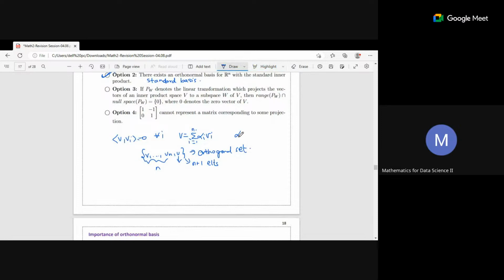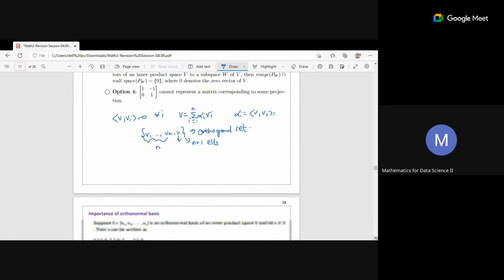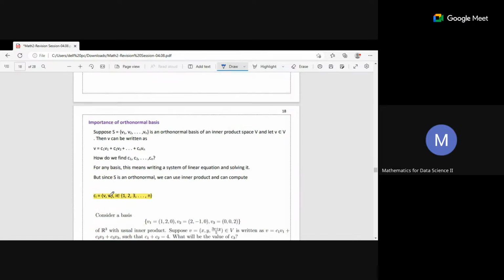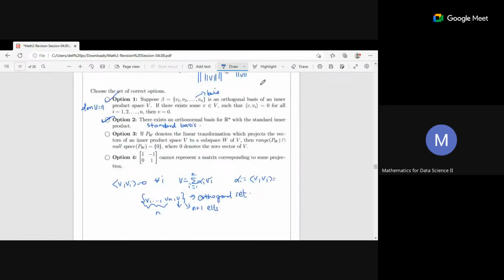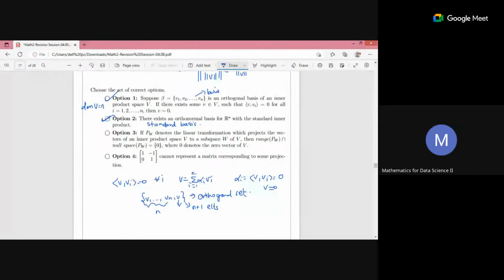Now you know that this alpha is nothing but the inner product of V comma Vi from this property. But what do you know about the inner product of V comma Vi? It is 0. So alpha is 0 for all i, which means your V is 0. This is the argument I wanted to make.